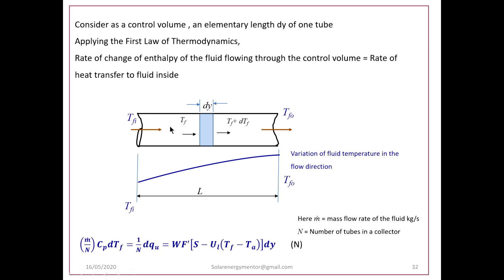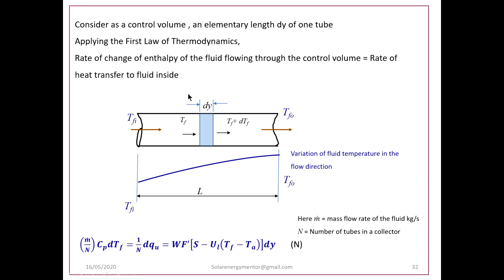What will be the law of conservation of energy for this control volume? The rate of change of enthalpy of the fluid flowing through the control volume must be equal to the rate of heat transfer to the fluid inside. Before we discuss the equation, this is the temperature distribution.